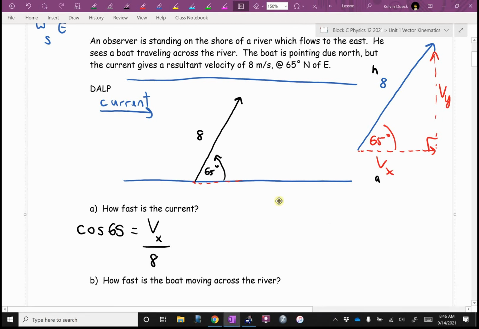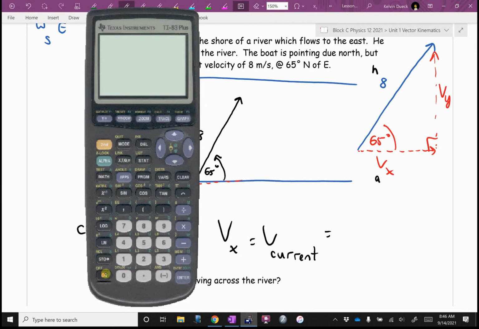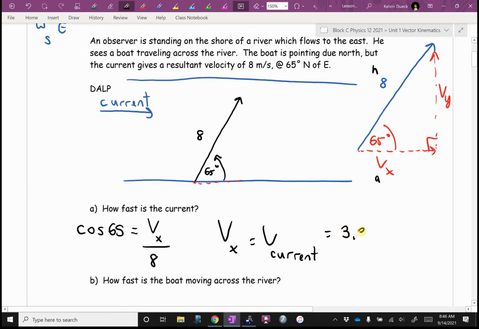Times the 8 over. Vx, which is the current, ends up being 8 cos 65, 3.38 meters per second. Okay.